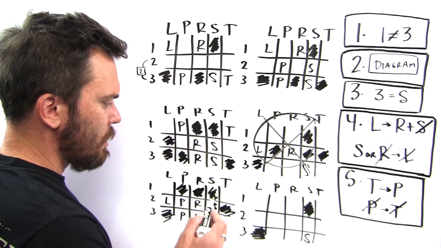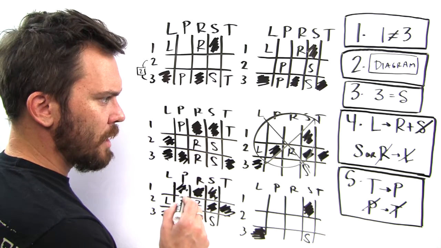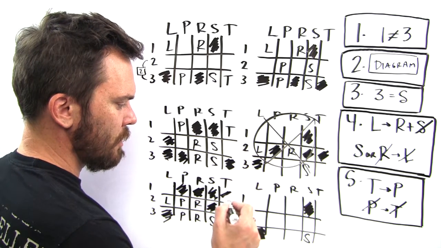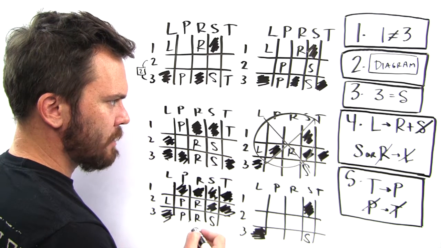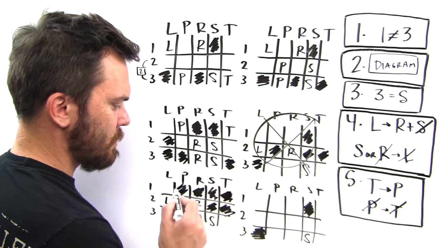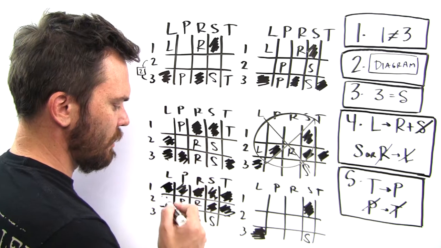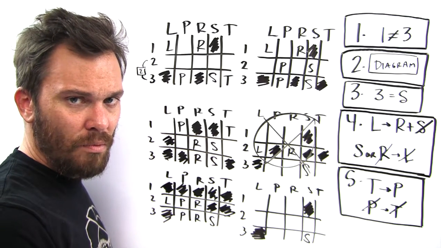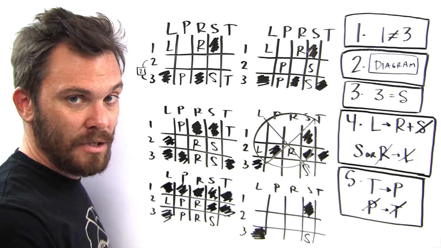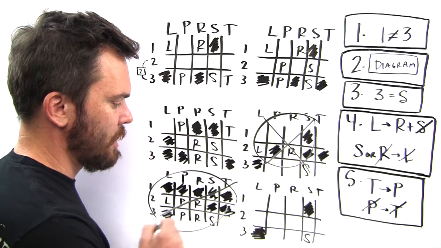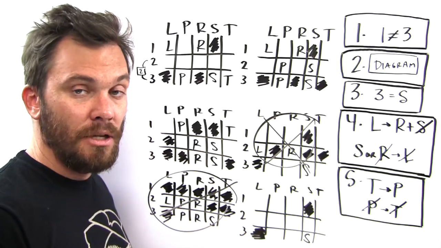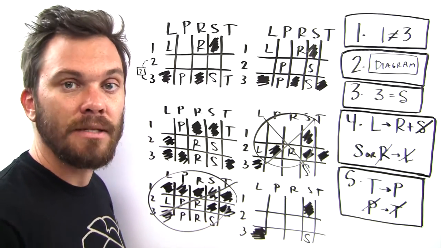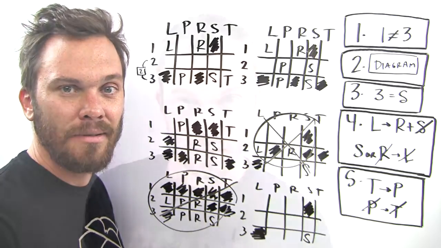And now, oh no. No peonies means no tulips up here, but no roses means no lilies. And if we did that, then bouquet 1 doesn't have any flowers in it. And that is what they call in the business a shitty bouquet. And that's this game, and that's this section.